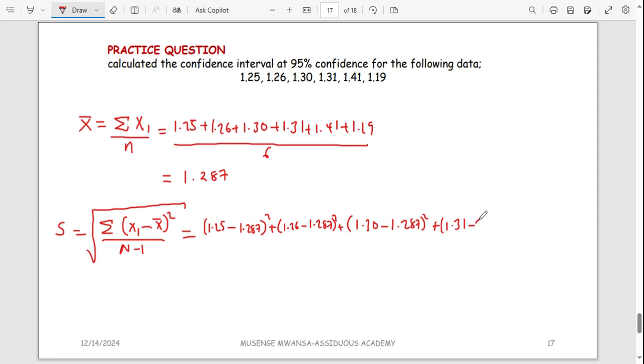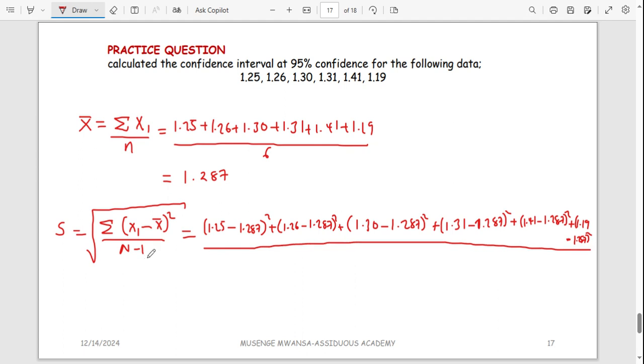Remove again 1.287 squared, plus the next one is 1.41. Remove 1.287 square, and the last one, 1.19, we are removing 1.287, and then we are squaring that. We are dividing all these by 6 minus 1, which is a 5, and then we get the square root.